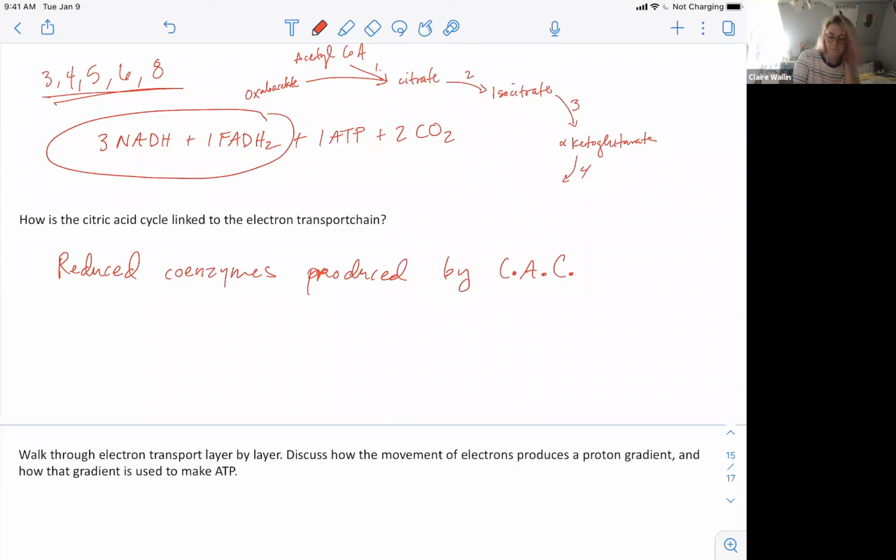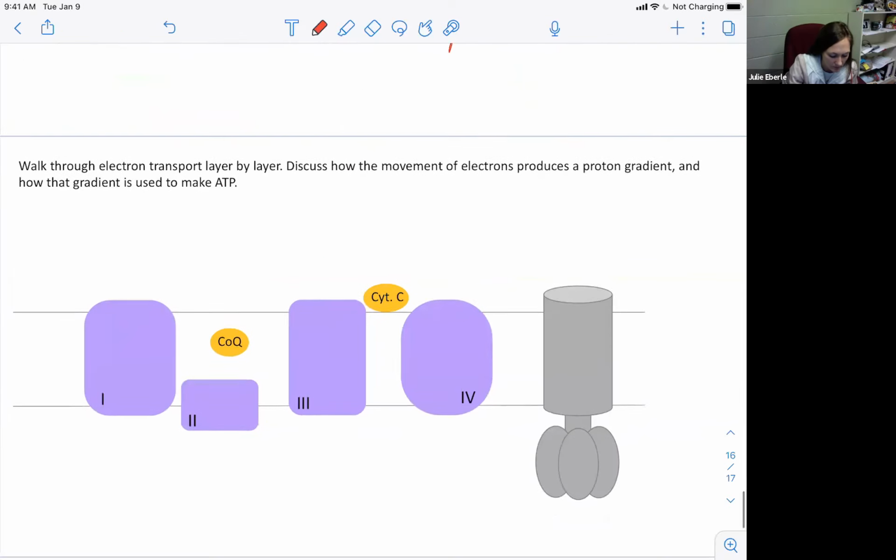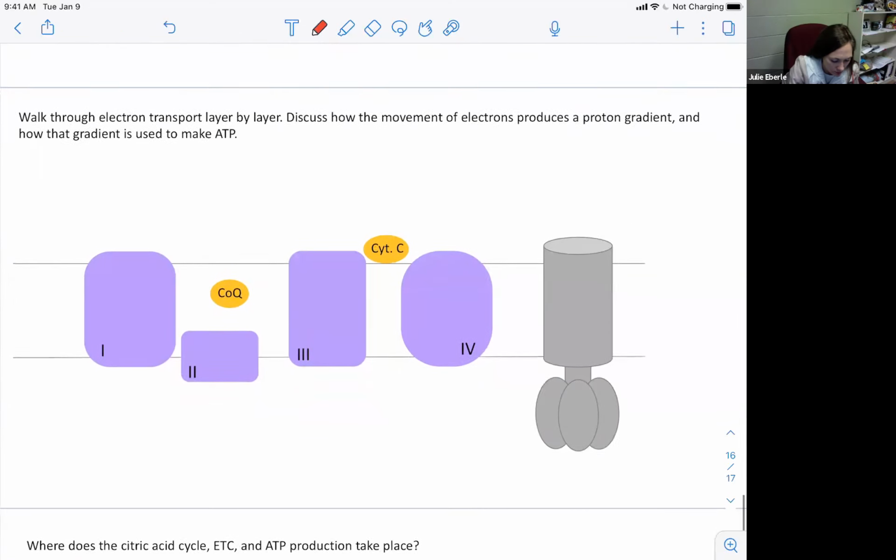Yes, they are oxidized in the first step of the electron transport chain. In their oxidation, they release electrons that travel through the electron transport chain. So they feed electrons to the electron transport chain. Okay, which leads us to the electron transport chain.